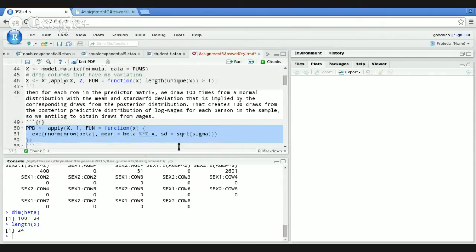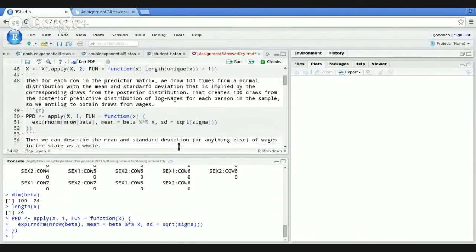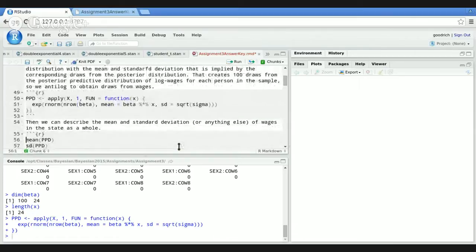We'll apply that function to every row of X, all 7,000 of them, and that won't take that long.